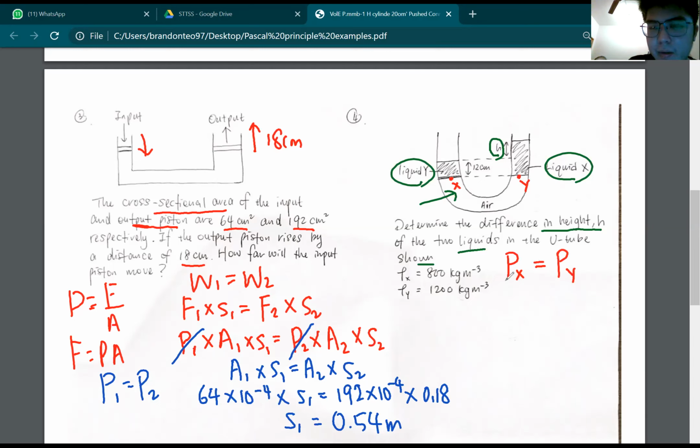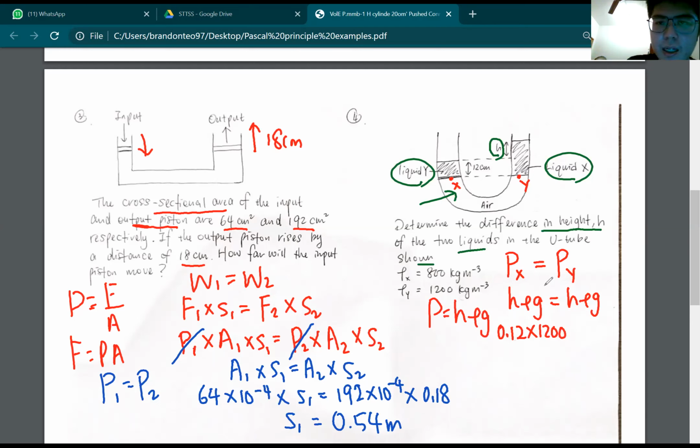Okay, and then I break down the pressure formula. So pressure formula for liquid 是什么？P 记得吗？P equals to H rho G. Okay, this is liquid, right? So H rho G equals to H rho G. Okay, so this H is 12 cm, right? So 0.12 乘 the density of liquid Y is 1200.